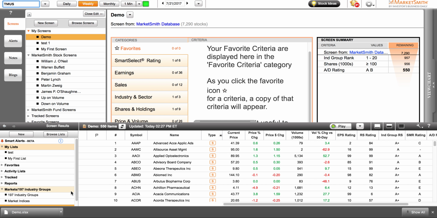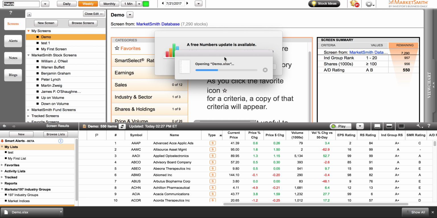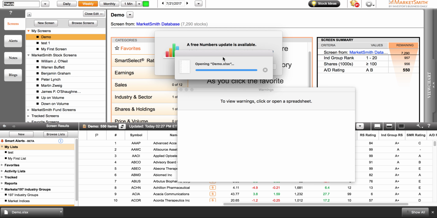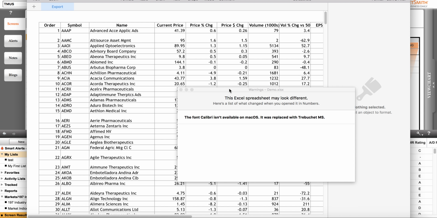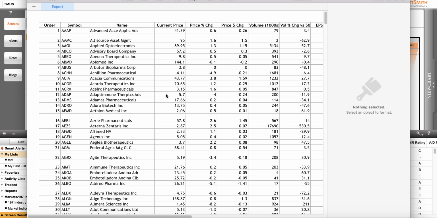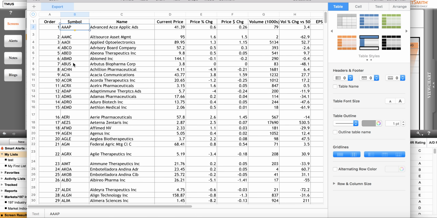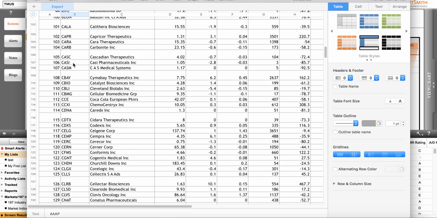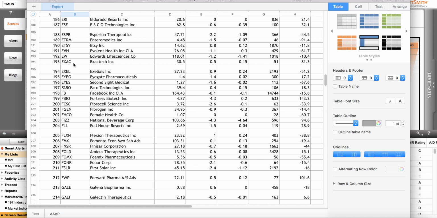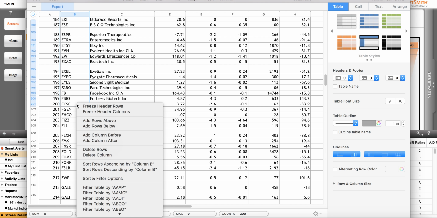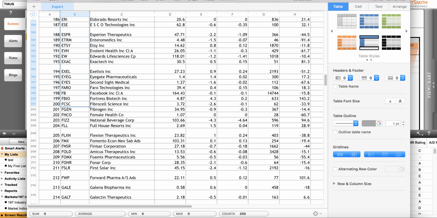There's a file. So if you want to put it into, say, Thinkorswim, then you have all these stocks which show up. So you have about 550 stocks, right? So you quickly take a look at it. Let's say you want to take a look at the first 200 stocks. So you do this.